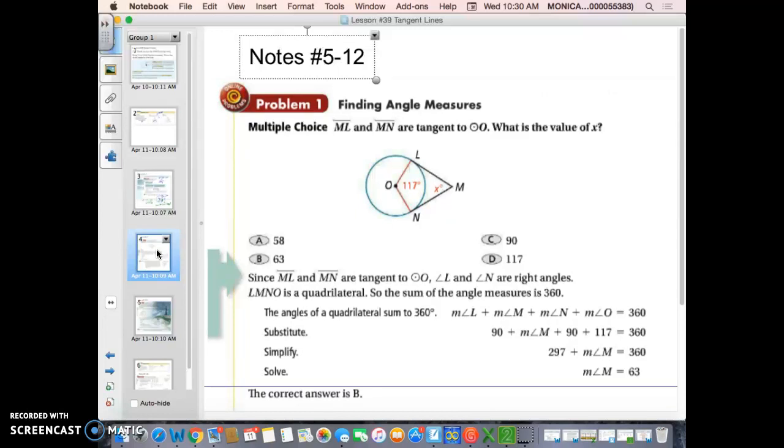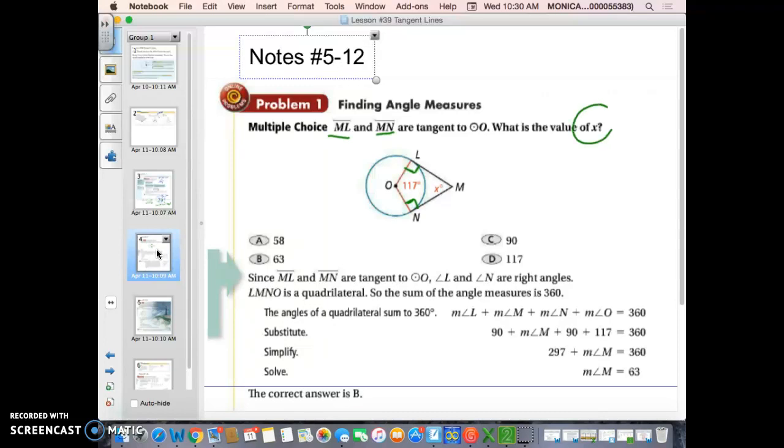Once again, we're told that ML and MN are tangent to point O. So what I can say about this is because this is a tangent line, I know this is a 90-degree angle. And because this is a tangent line, I know this is a 90-degree angle.